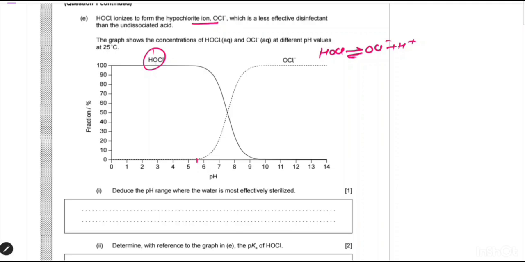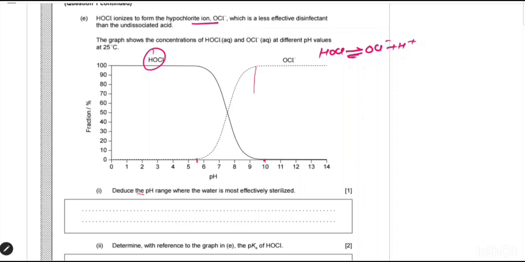That is, the dissociation starts around 5.5 and completes at around pH 10. HOCl completely dissociates to OCl minus. Similarly, for OCl minus, around this pH of 5.5, the OCl concentration goes on increasing and becomes maximum at around pH of 9.